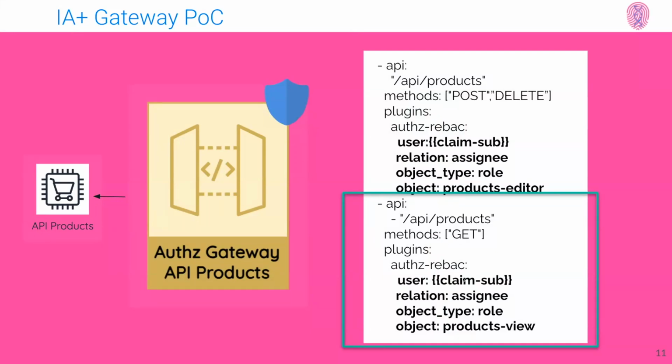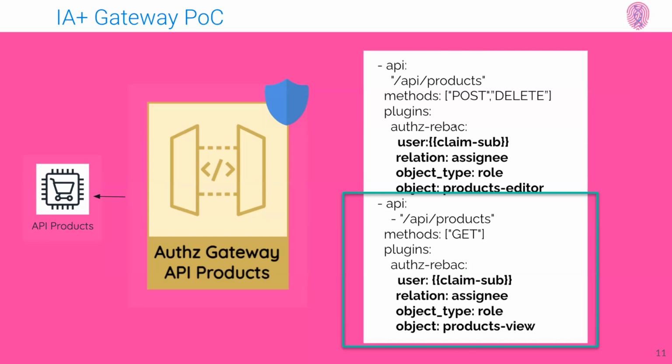And there you define the policy: the user that comes from the access token has the relationship assignee over the object type, which is role in this case, because again, I'm using the role model from Keycloak, with the object product view. So every single time that the user tries to access and view the products, this policy applies, and then the plugin validates in real time against the OpenFGA platform whether the user has the proper ReBAC policy.